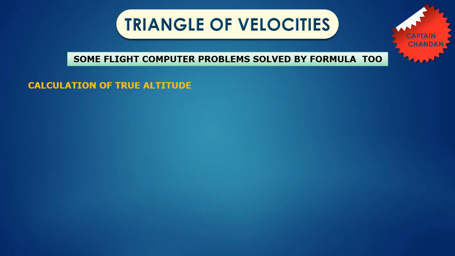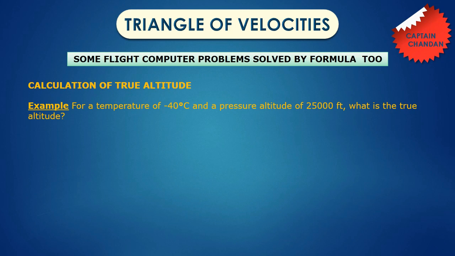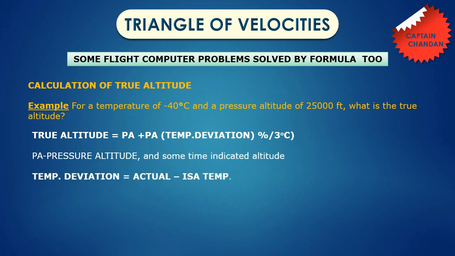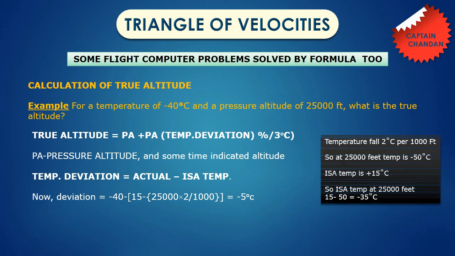Now calculate the true altitude. For a temperature of minus 40 degrees Celsius and pressure altitude of 25,000 feet, what is the true altitude? True altitude equals pressure altitude plus pressure altitude times temperature deviation percentage per 3 degrees Celsius. Now you will put all the values here. Temperature deviation is actual minus ISA. So actual temperature is minus 40 degrees and ISA temperature at sea level is plus 15 degrees.